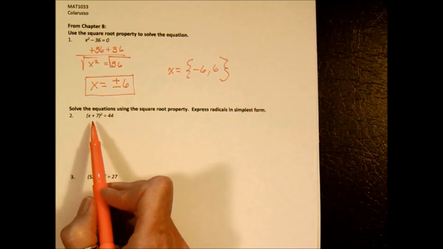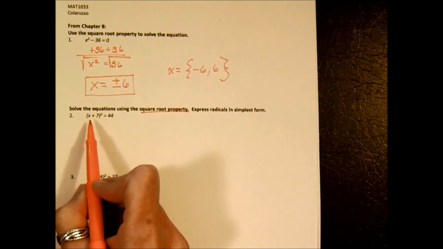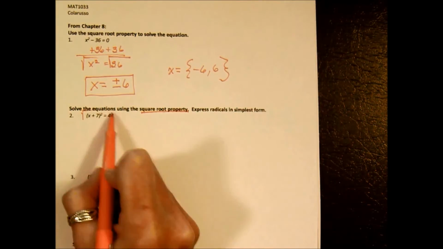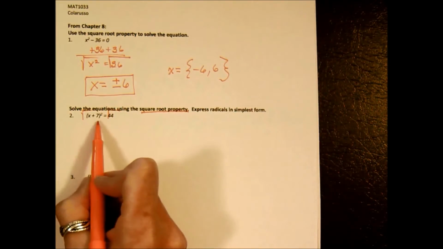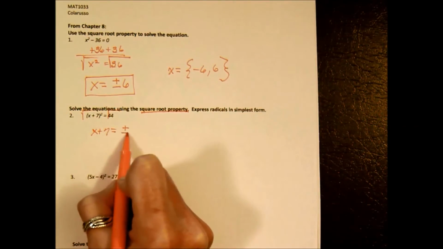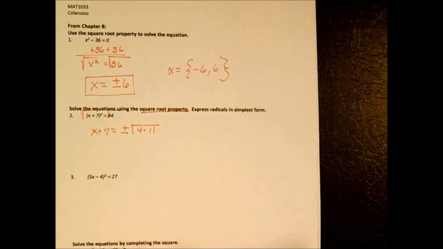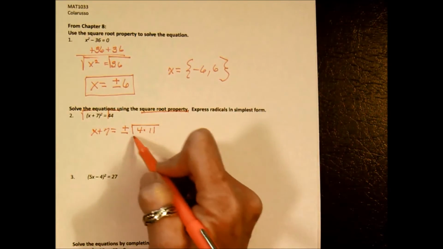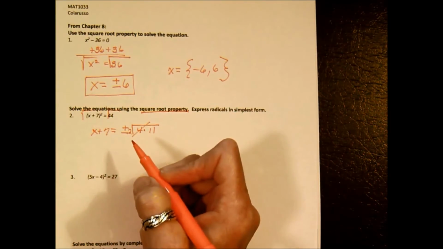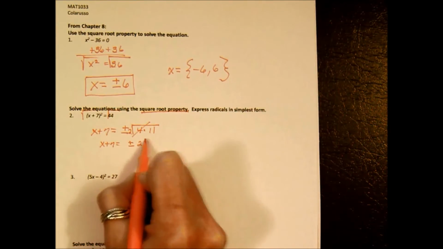All right, we're going to continue with the square root property. Again, what we want to do is to take the square root of what's been squared, once it's isolated here. So I do this. Square root of x plus 7 squared is just x plus 7 equals plus or minus. Now we want to break down that 44 into 4 times 11 because it is a perfect square factor. Square root of 4 is 2. Be careful where you write it. It goes right in front of the radical. So I have x plus 7 equals plus or minus 2 radical 11.